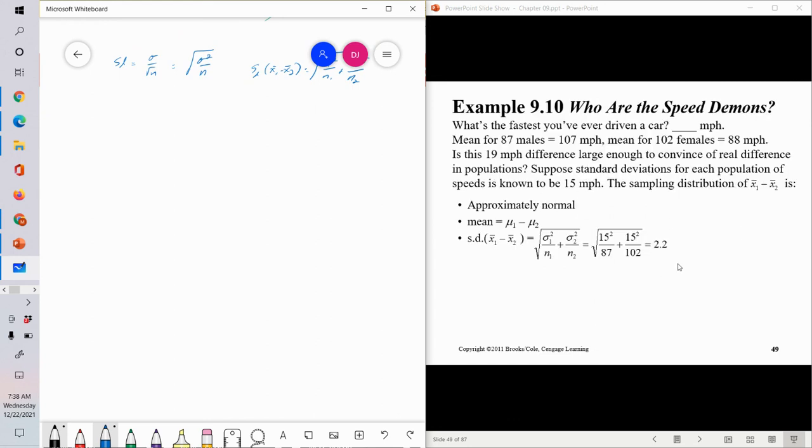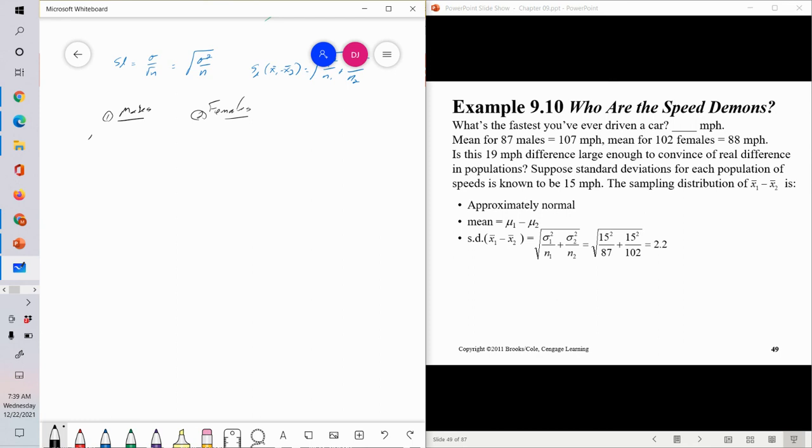What's the fastest that you've ever driven a car? So we've got two groups. We've got males and females. And in the survey, males and females were surveyed, asked what's the fastest you've driven a car. We'll call the males group 1, only because they're listed first, and the females group 2.